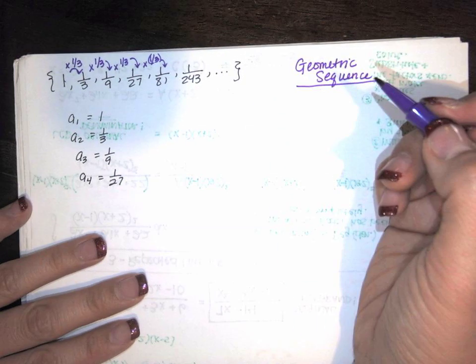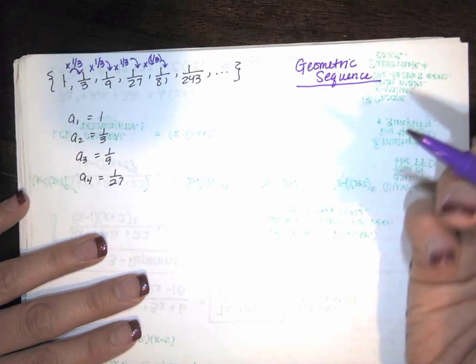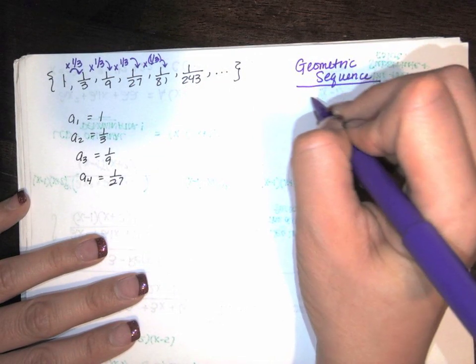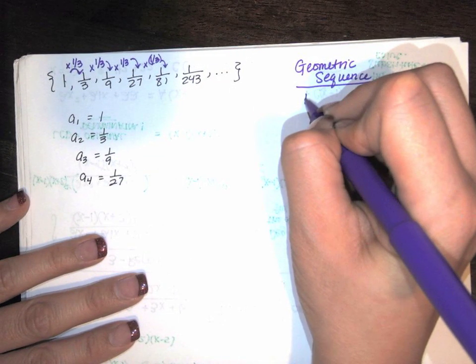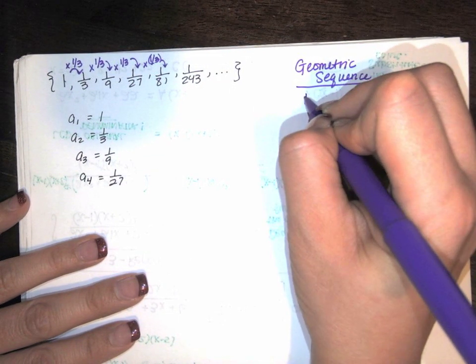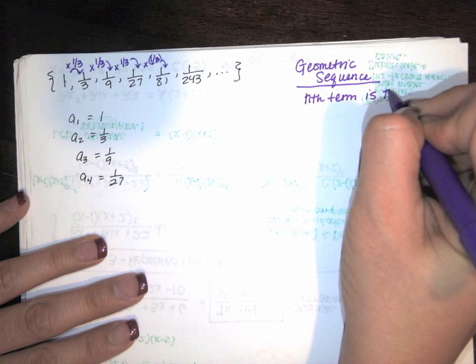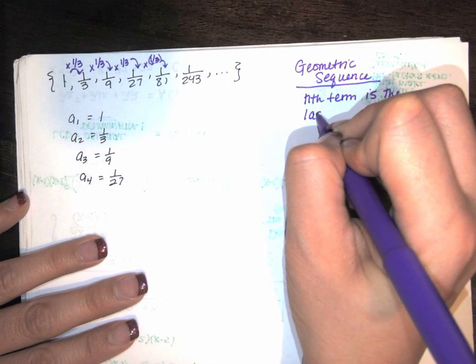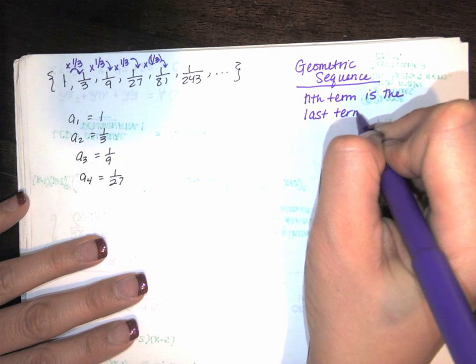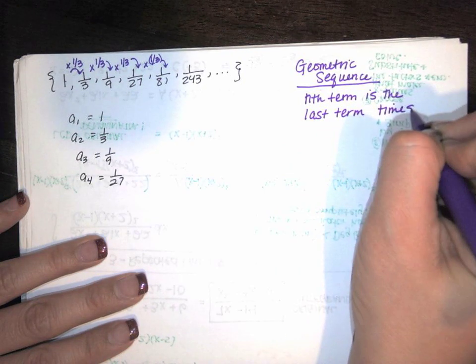So to get from term to term here, we multiply by the same number every time. So the nth term is the last term times a constant.